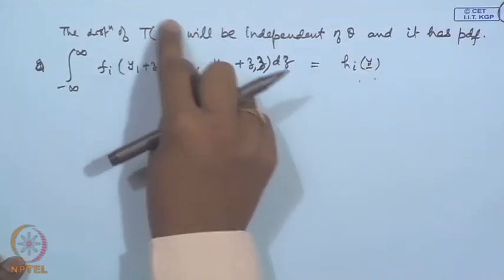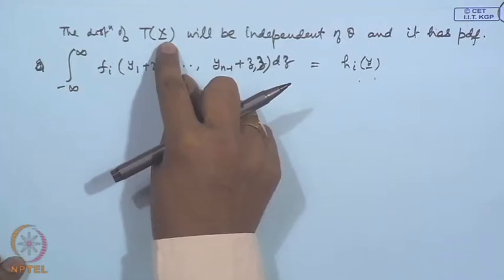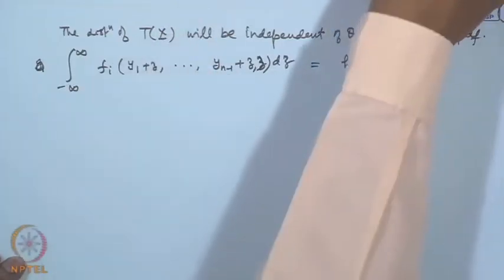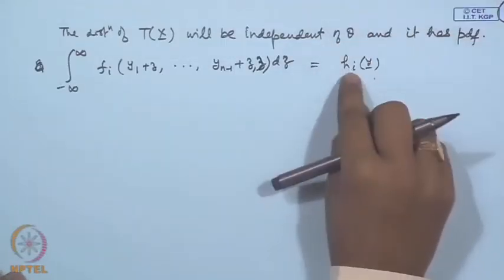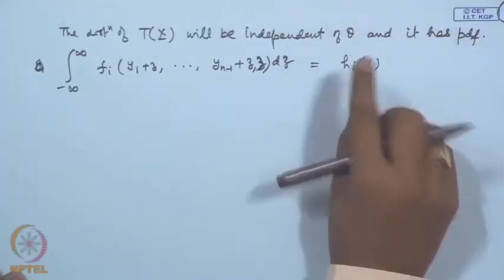So if I am considering the density of T, the problem of testing whether the density is f naught or f1 reduces to testing whether it is h naught or h1.